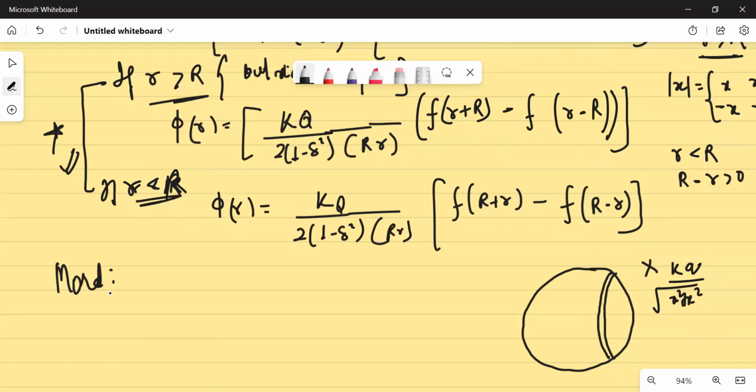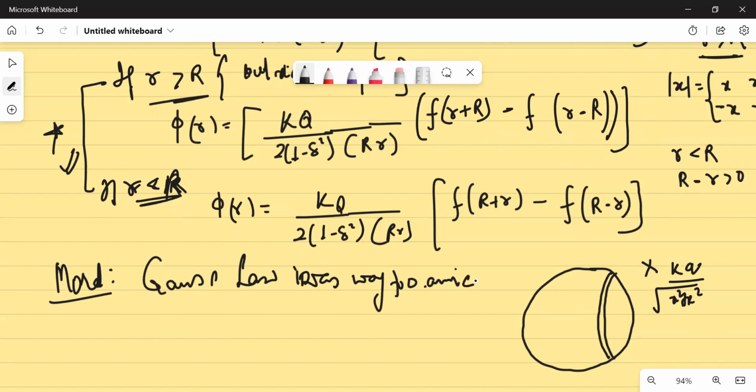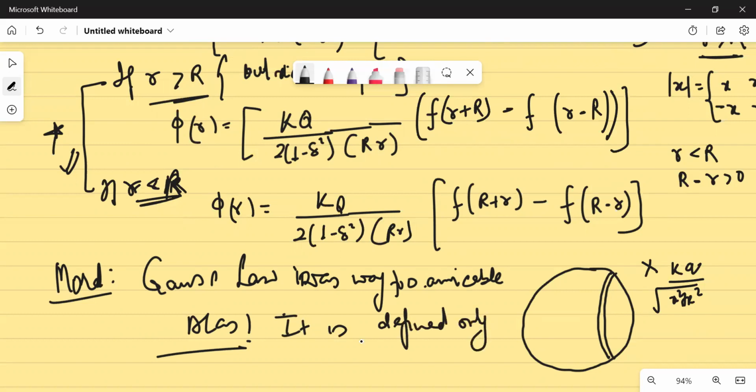So moral of the story is, okay. So we are going to discuss a few more things because of this inverse square law forces.